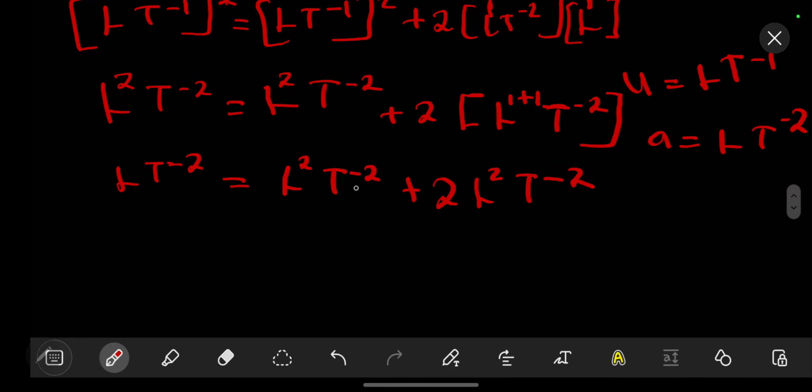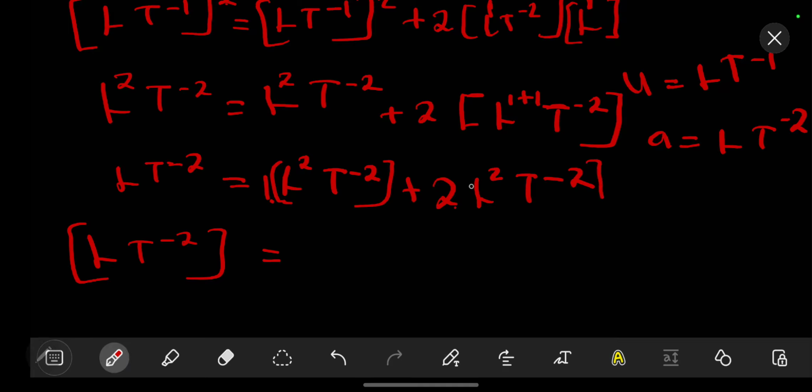Already this and this are the same, so we can just add them. Since these are the same, we can just add them normally. 1 plus 2 gives us 3, L to the power 2, T to the power -2, like that.